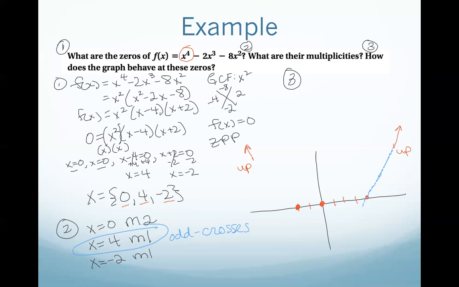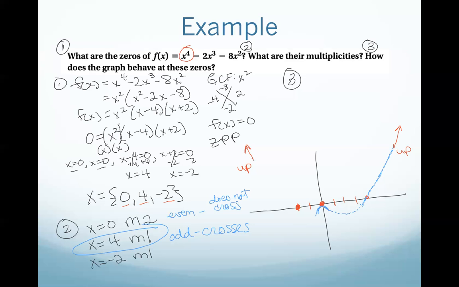Okay, my next dot to connect is x equals 0. So I'm connecting over to x equals 0. How many times does x equal 0? X equals 0 twice. This is even, so it does not cross. It bounces.